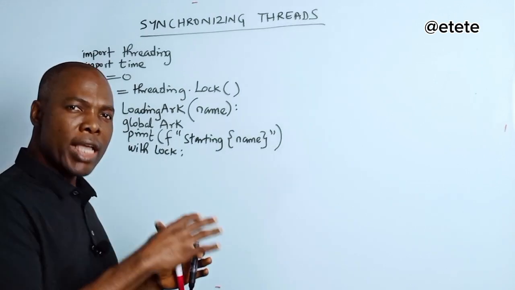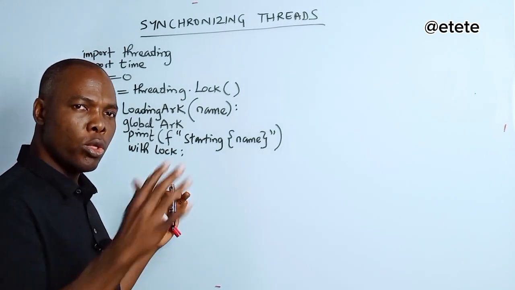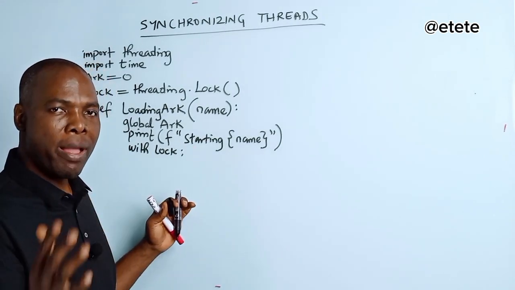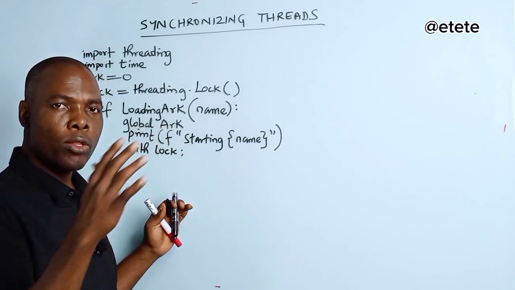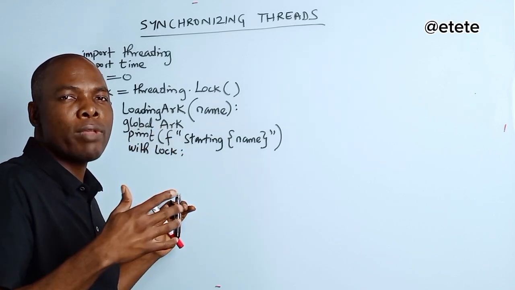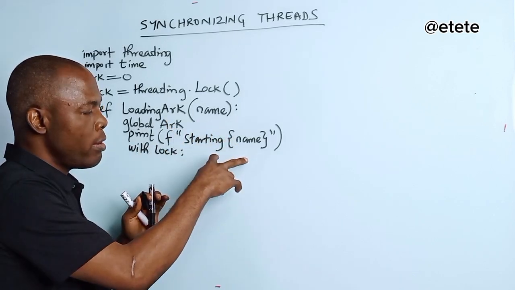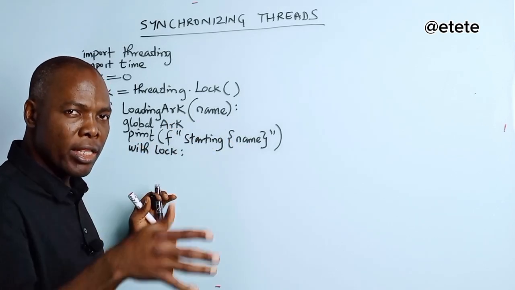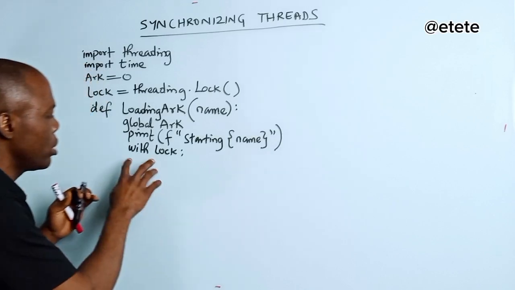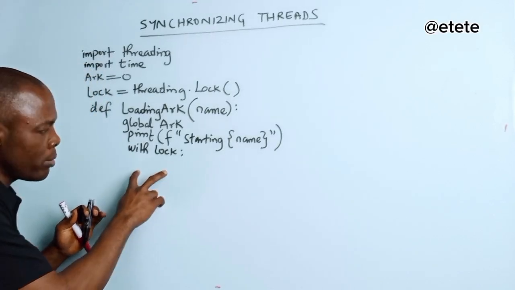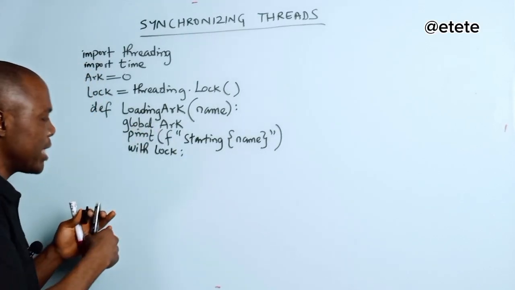Since we are going to be loading the animals, we will need a loop. We will load the first pair of animals, come back again, load the second pair, come back again, load the third pair. So let's assume we are going to load 10 animals: 5 for the first child to load, then another 5 for the second child. So with lock, you've obtained the lock. Now go ahead and start loading.